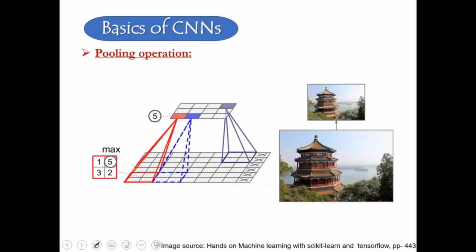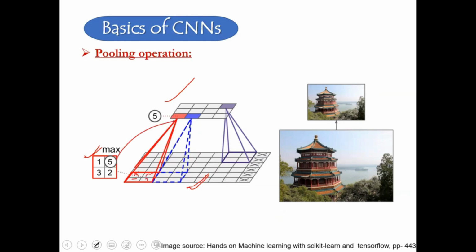Right. So this is another example. This is our input feature map, suppose from the first convolution layer, and we are applying pooling here. Here we have taken a 2 by 2 kernel. Suppose the values are 1, 5, 3, 2.